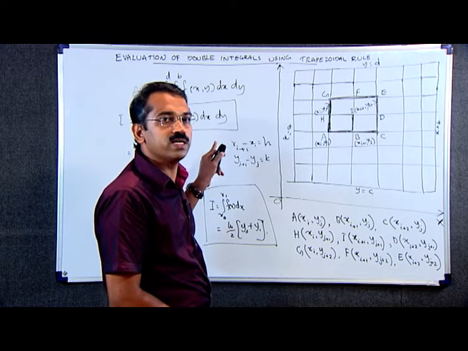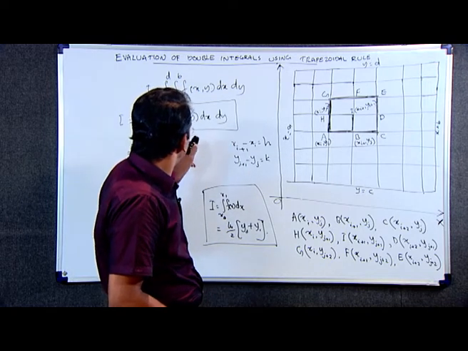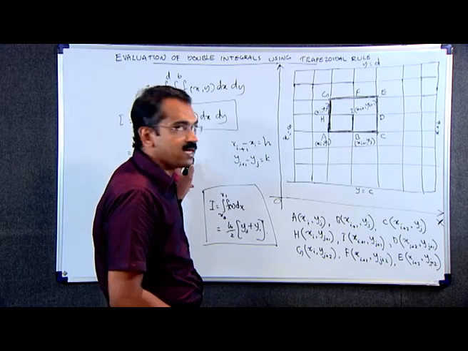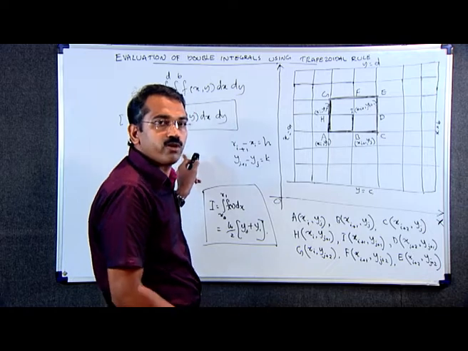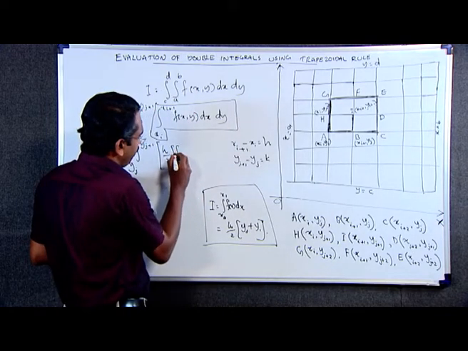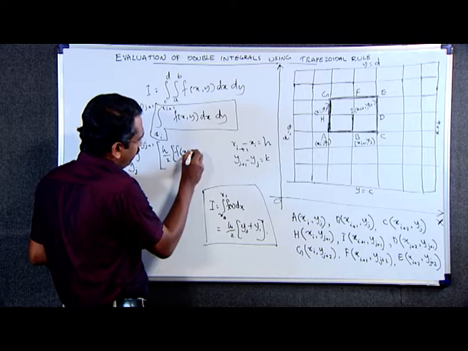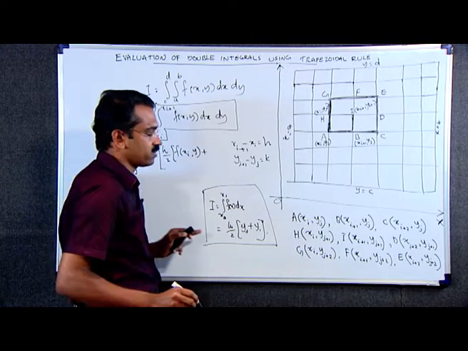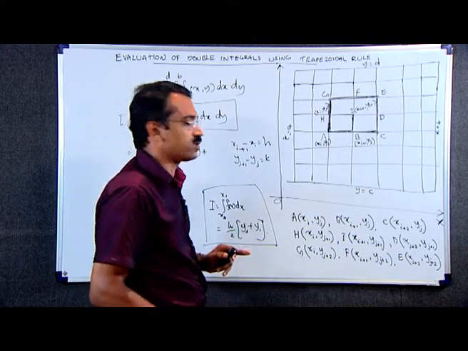Therefore, the value of this integral by the trapezoidal rule is h by 2 into f of xi y plus f of xi plus 1 y.